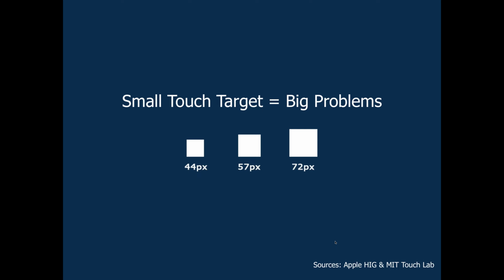And 72 pixels is the pad area for the average adult thumb. So we have two design aspects for the finger, and we have a design aspect or design style for the thumb. And realistically, we should be moving to the thumb as more and more people are becoming thumb users than finger users.